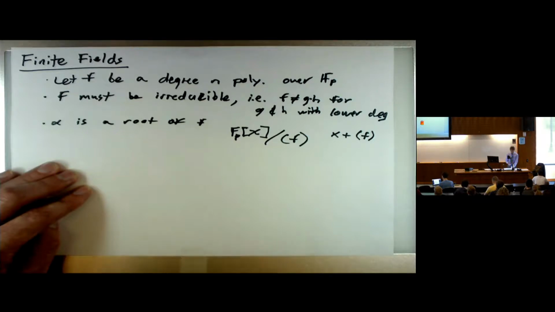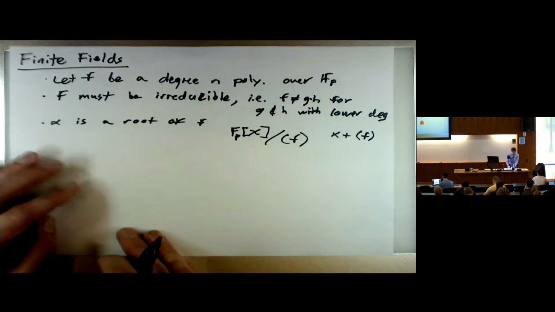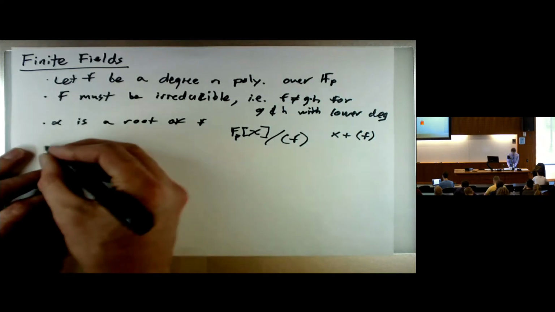And so that gives you something to work with. But it's a pain to write out x plus the ideal generated by f all the time, so it's easier to just use alpha.